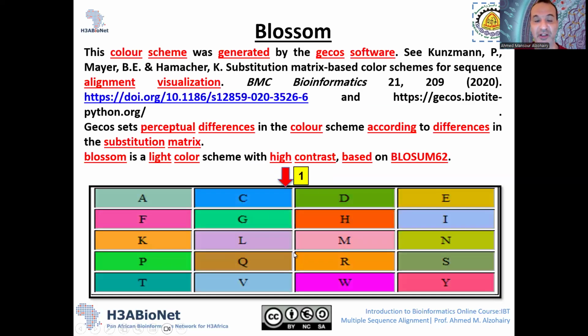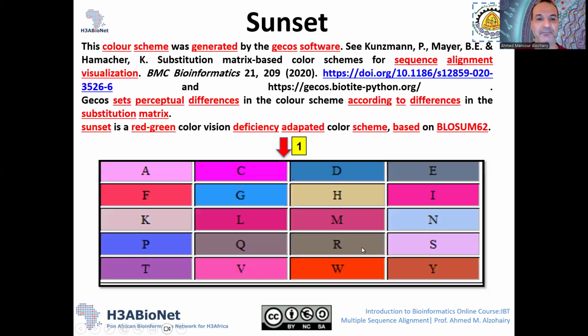Also, you have another one called Blossom, and this Blossom one is a color scheme also generated by the same software, called JCOS software, and published in BMC Bioinformatics in 2020. It's a light color scheme with high contrast, also based on the Blosum 62. As you can see here, each amino acid is individually colored.